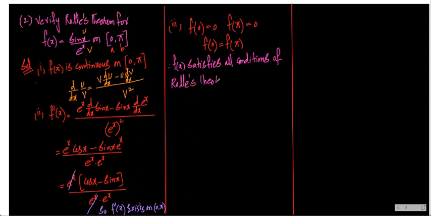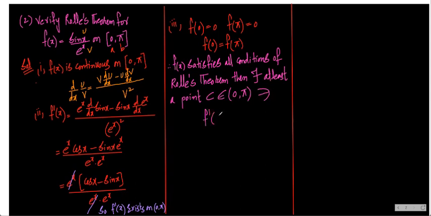Then there exists at least a point C belongs to (A, B), here A value is 0, B value is pi, such that f dash of C is equal to 0.